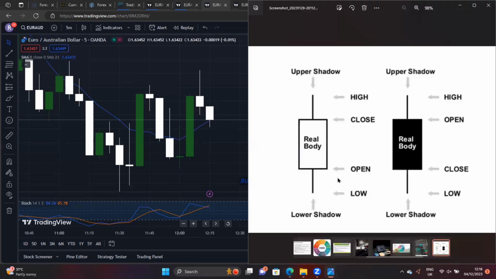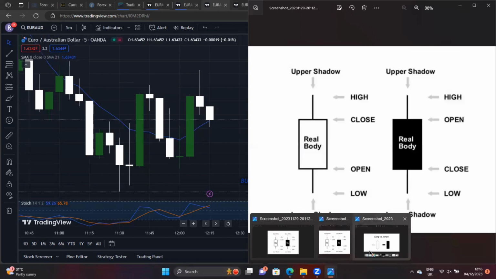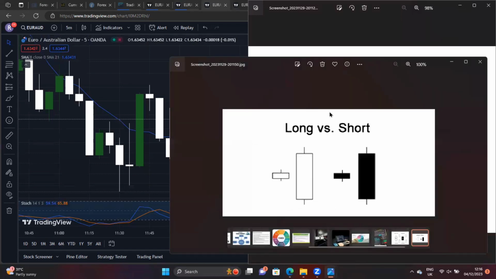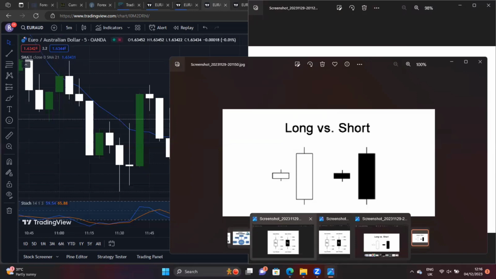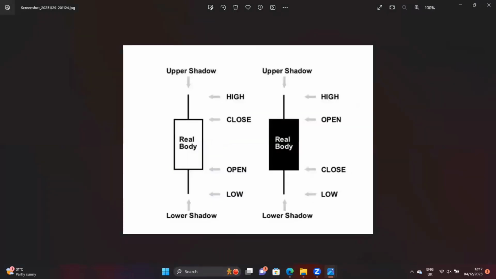So we said that if the close is above the open, we can say that that candlestick is bullish, which means that the price is rising.